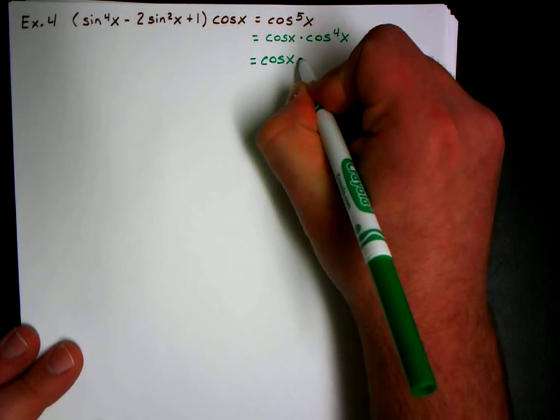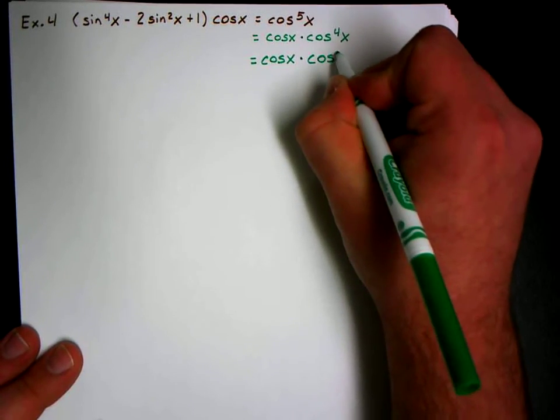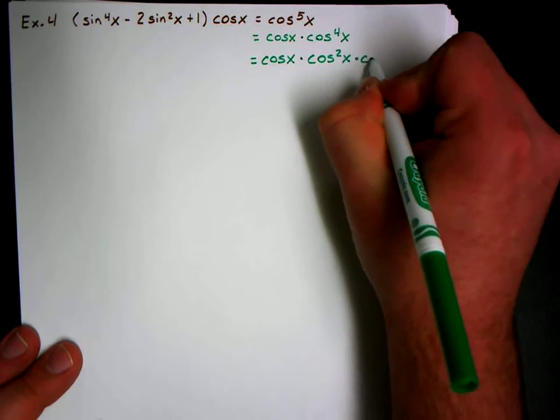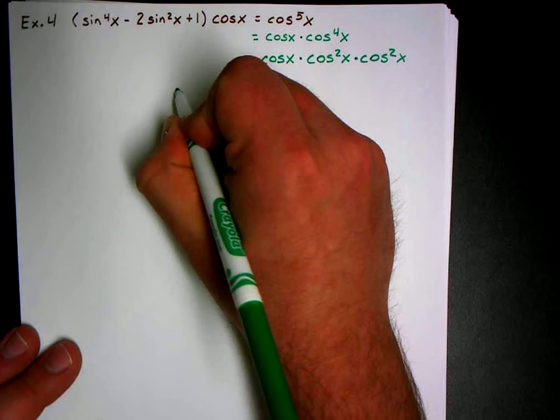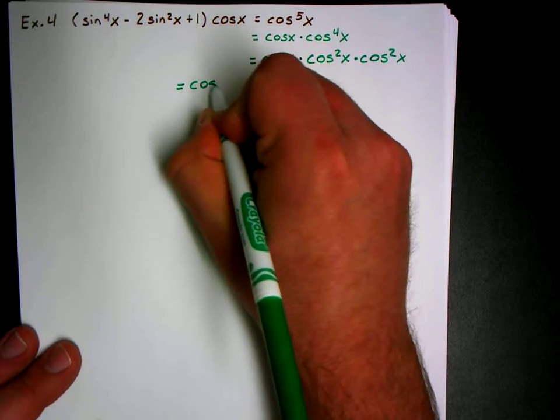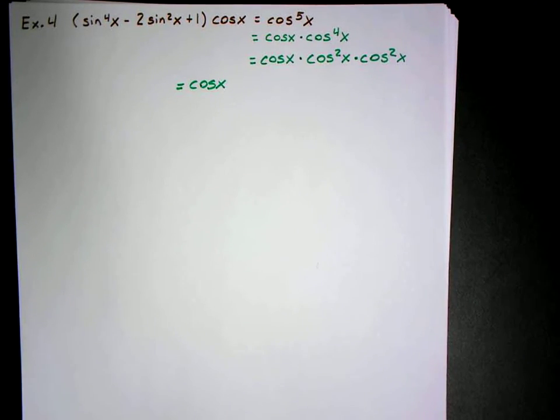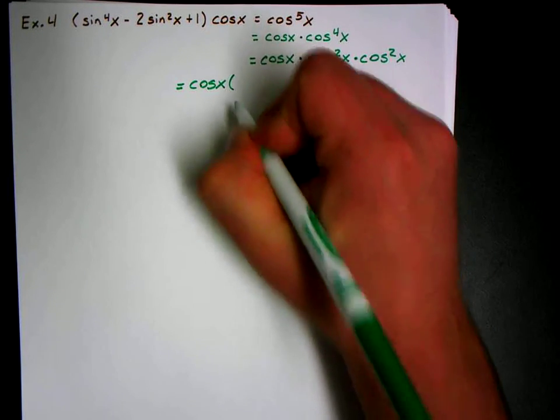Yes, that's my next step. Cosine squared of x times cosine squared of x. Okay, now what? How do I change cosine squared of x into sine squared of x? Use sine squared plus cosine squared.